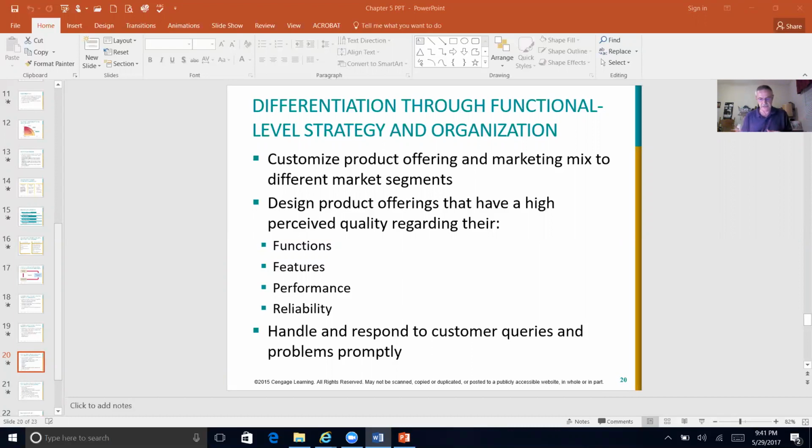I expect the features to be easy to understand, easy to use, easy to navigate. And as a result, you and I, as consumers in general, will typically pay a higher price for those well-designed products.